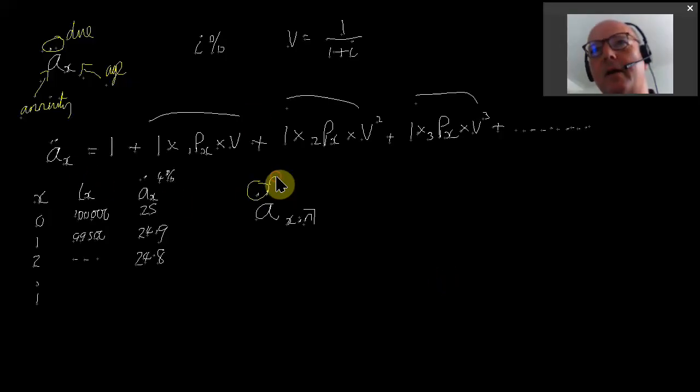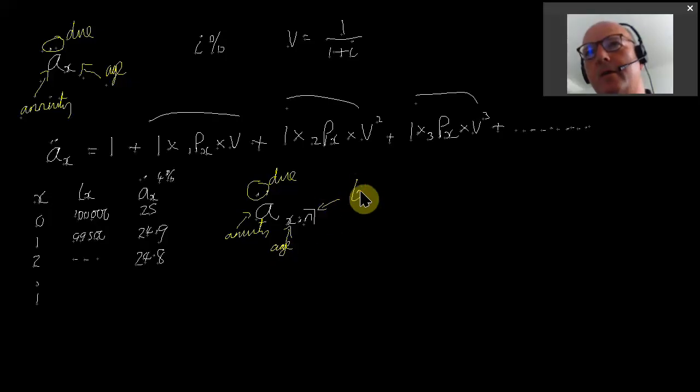Again, the double dot means due, that means annuity, x is your age, but n is the term. So there are only n terms. You're only going to get this payment for n years.